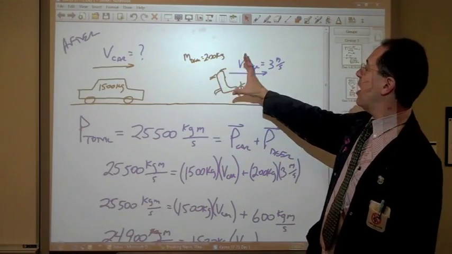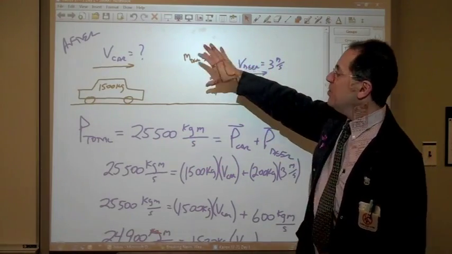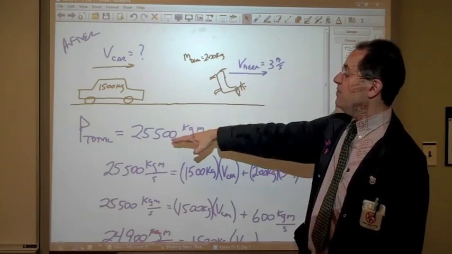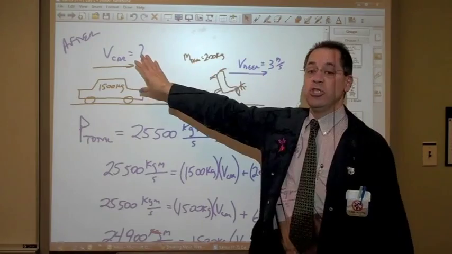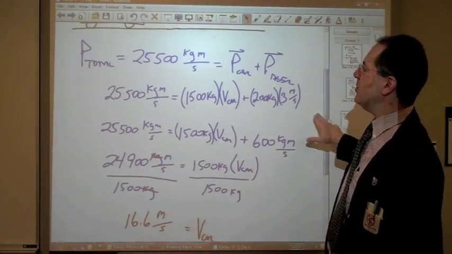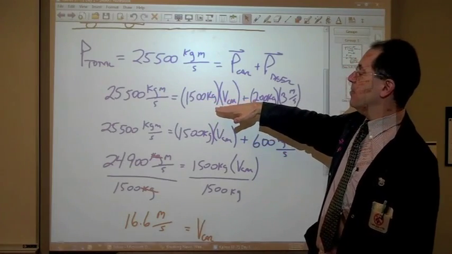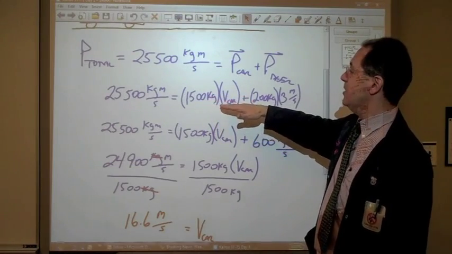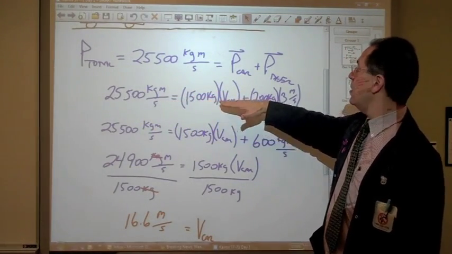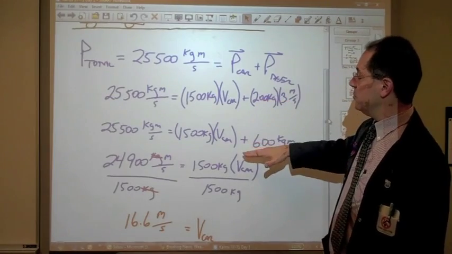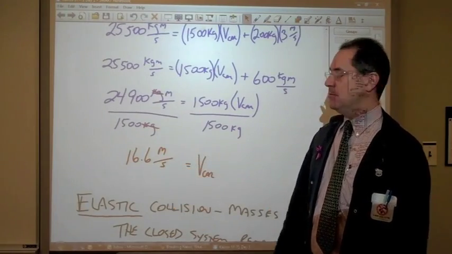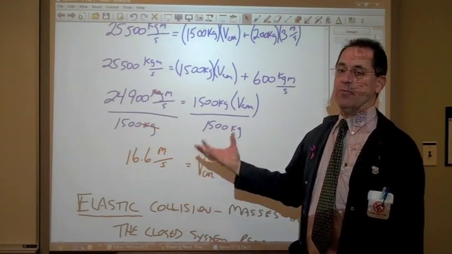But now, since the deer happens to be moving, some of the momentum of the car is now with the deer. So since we only have 25,500 to distribute, we're going to lose some momentum in the car because the deer has picked it up. We can calculate the new momentum of the car, or the velocity of the car in this case, by taking the total system, the momentum of the car plus the momentum of the deer, plugging numbers in, and calculating that the car had to slow down because it lost some momentum to the deer.